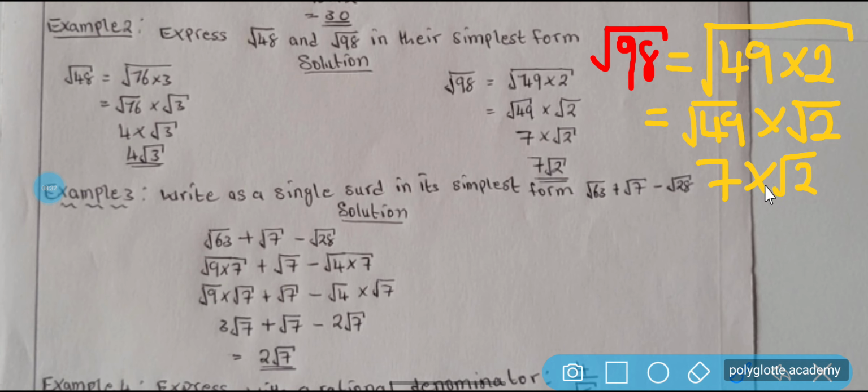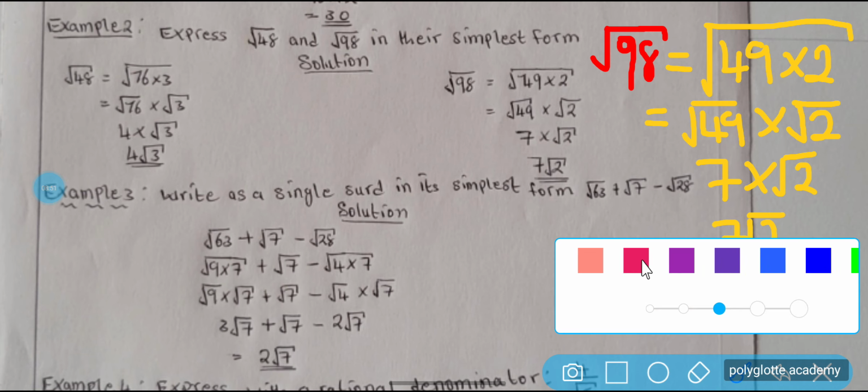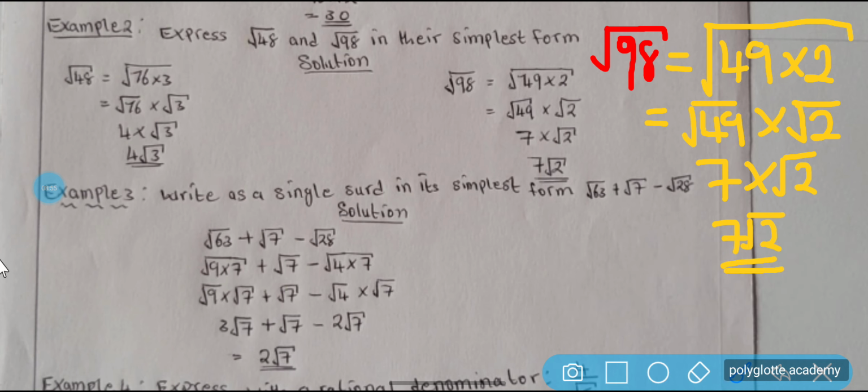So 7 times root 2, which will give you 7 root 2. So we can underline that and we tick it with a red because we found the answer.